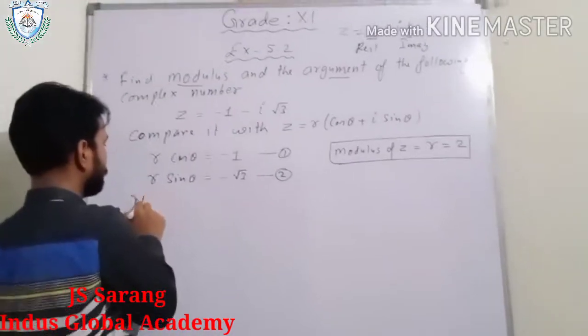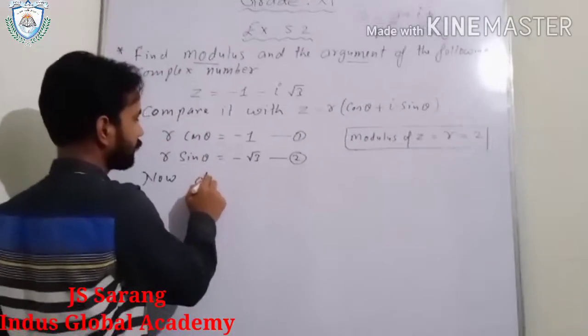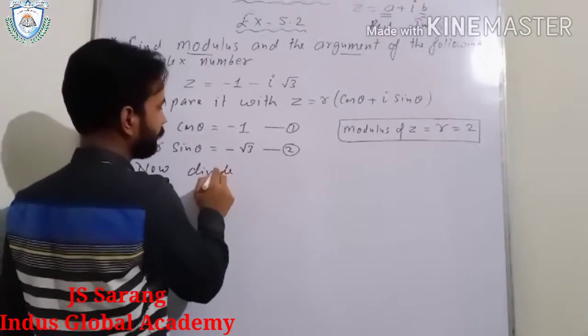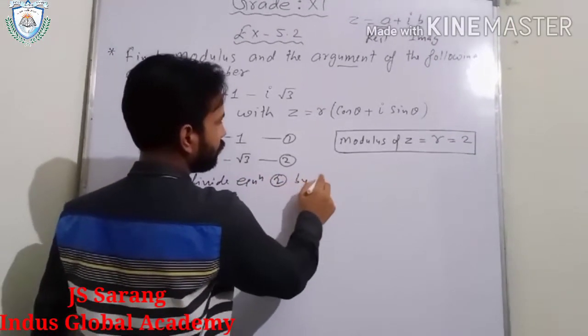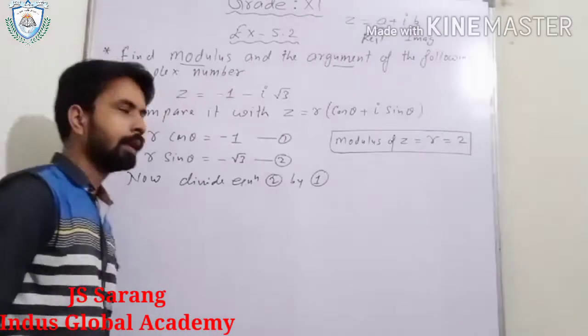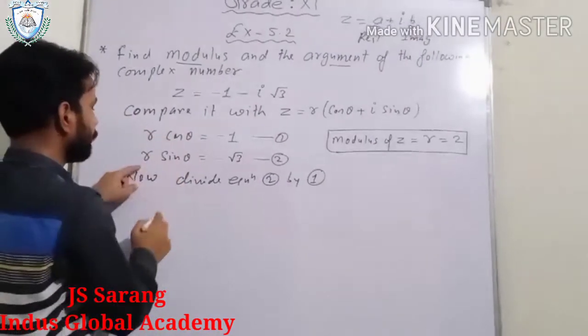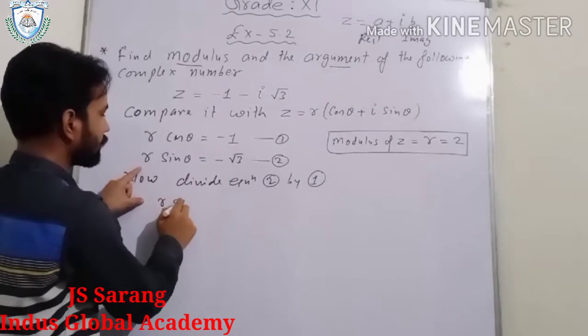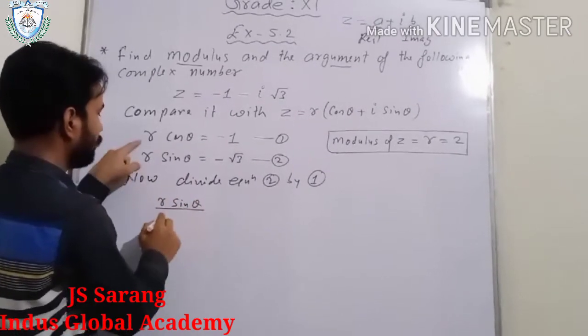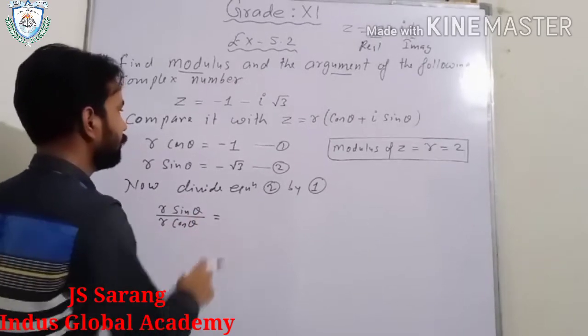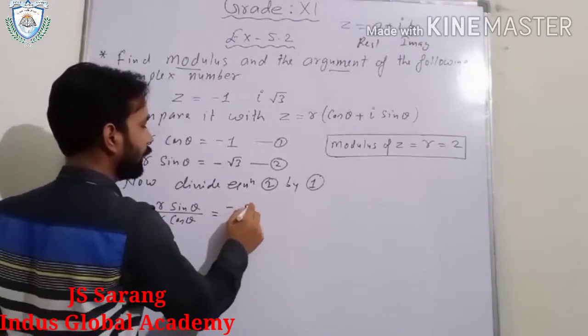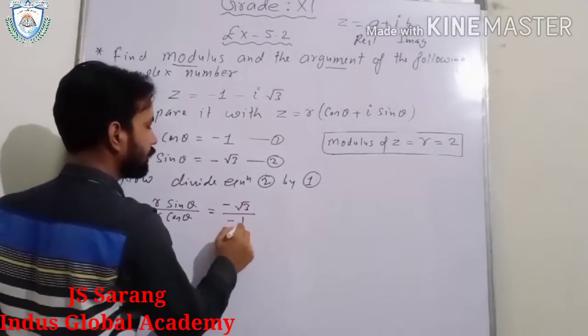So now divide equation 2 by 1. If we divide the second equation by the first equation, then we will get r sin theta upon r cos theta equals minus under root 3 upon minus 1.